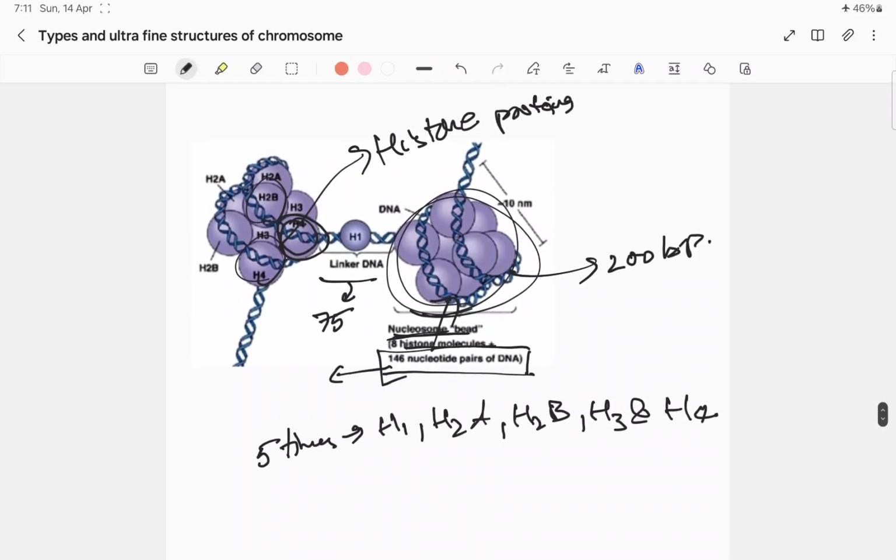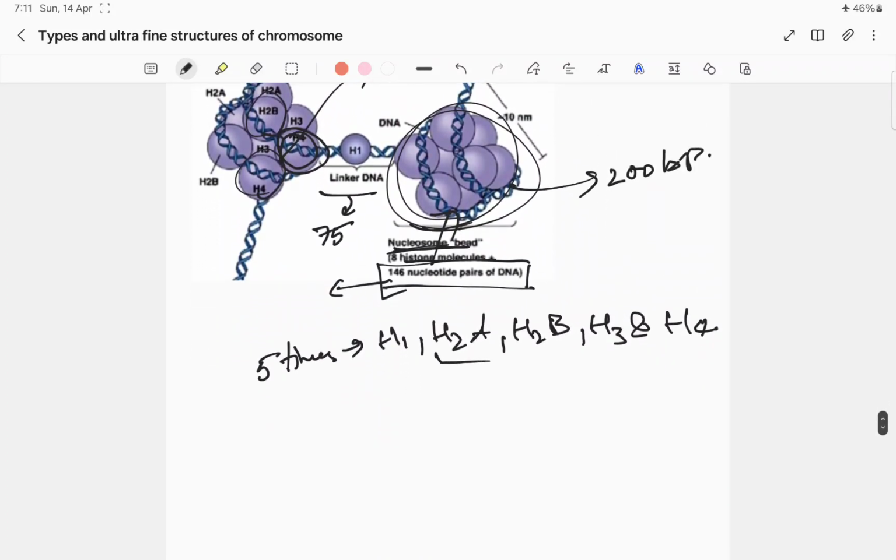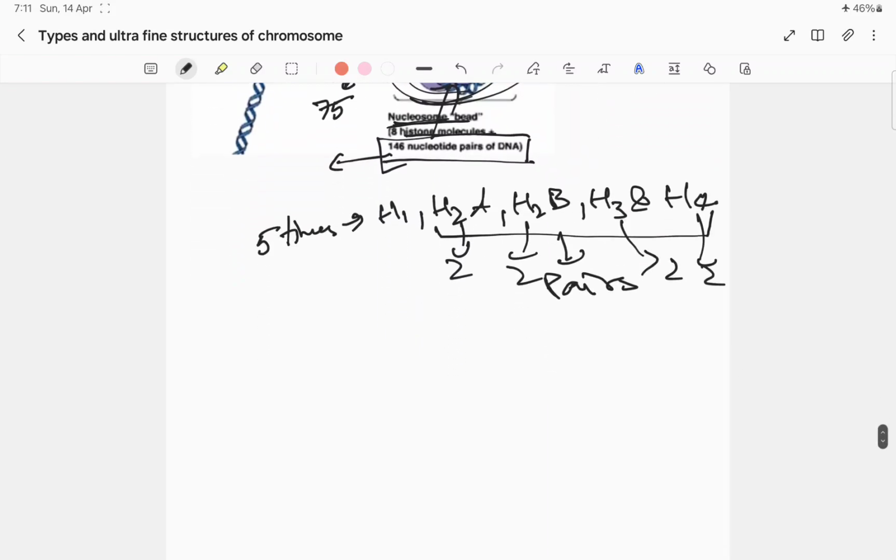In this histone octamer, H2A, H2B, H3 and H4 are present in pairs, so there will be 2 H2A, 2 H2B, 2 H3 and 2 H4.